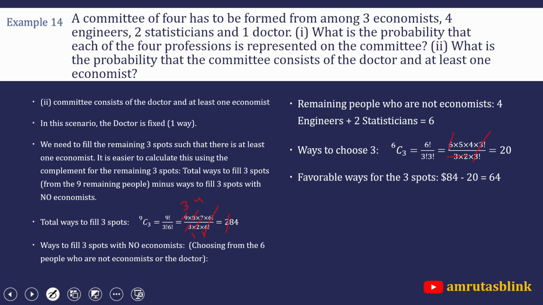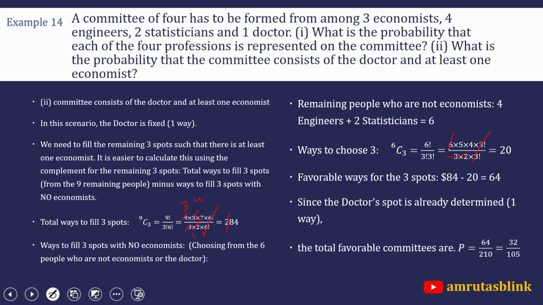Now the favorable ways for the 3 spots is 84 minus 20. Initially, the total ways by which we can fill these 3 spots is 84, out of which the case in which there is no economist is 20. That's why the favorable ways in which at least one economist is there is 84 minus 20, which is equal to 64, and the doctor is already there in only one way.